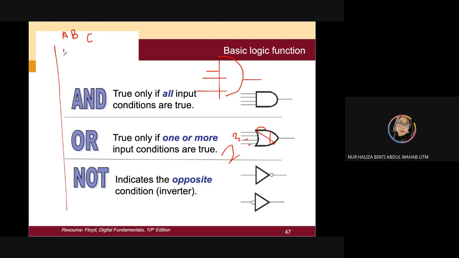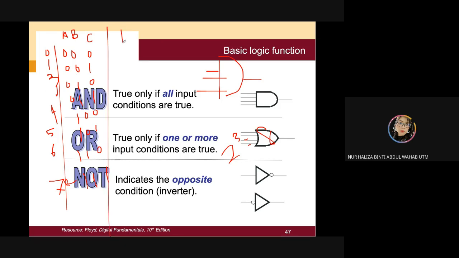So you will have 0, 0, 0, 0, 0, 1, 0, 1, 0, 0, 1, 1, 1, 0, 0, 1, 0, 1, 1, 1, 0, 1, 1, 1. If you convert to decimal, you will get 0, 1, 2, 3, 4, 5, 6, 7. Altogether 8 possibilities.